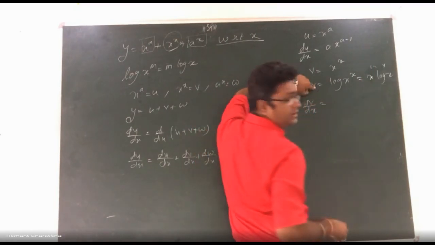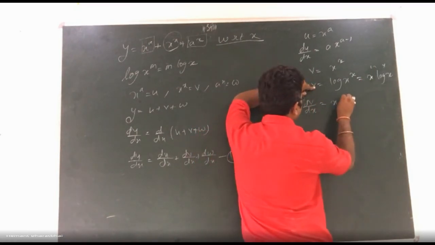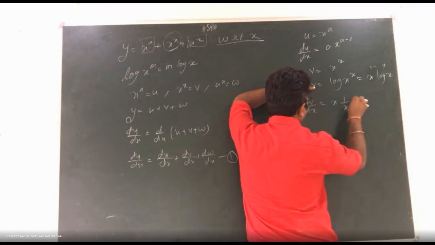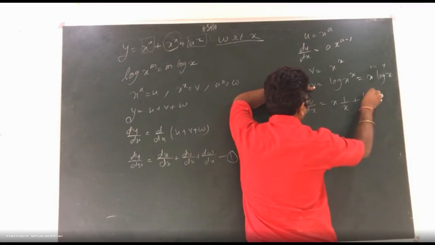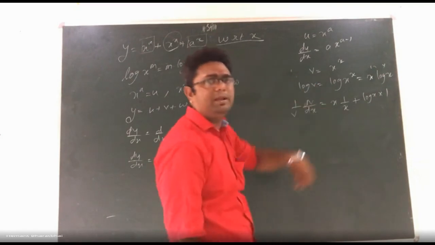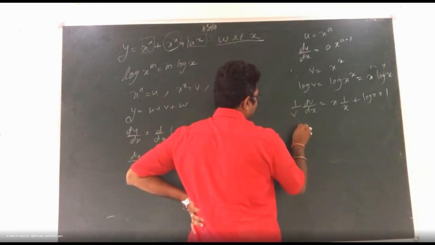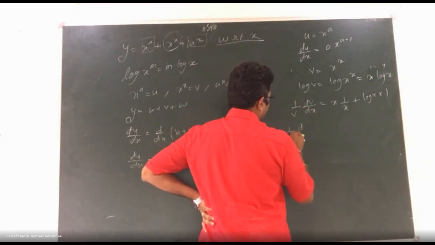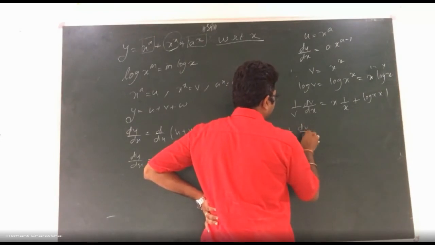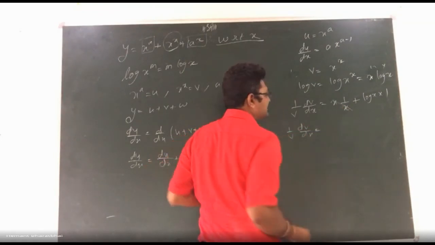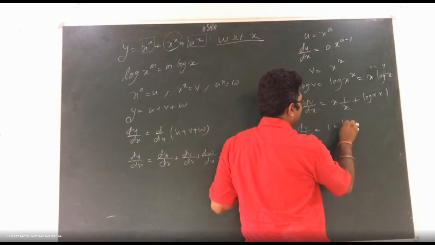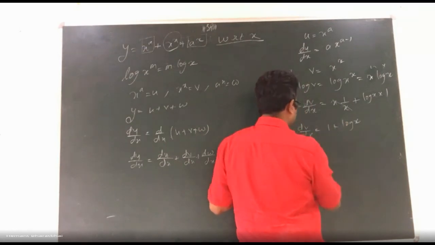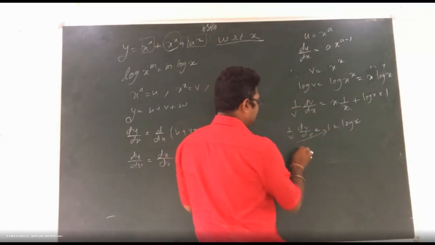Now here we'll apply the u into v rule. x times the derivative of log x is 1 by x, plus, now I'll keep log x constant and the derivative of x will be 1. So I'll get 1 upon v dv by dx is equal to, this x gets cancelled, so 1 plus log x into 1, that will be log x. This v I will take over here.